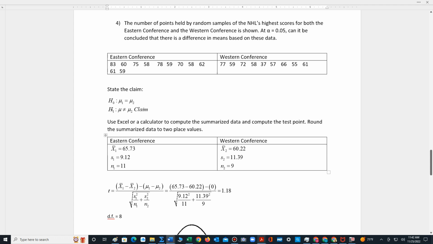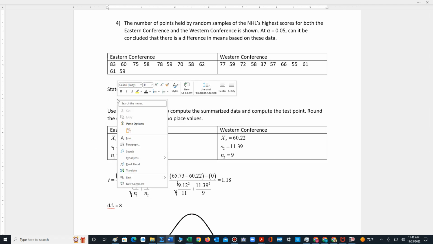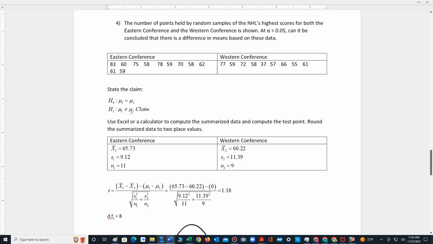So once again, we're given the difference. Let's go ahead and correct our claim here. So difference means not equal to, that's our claim.